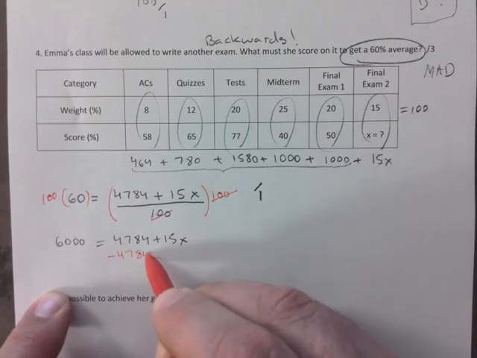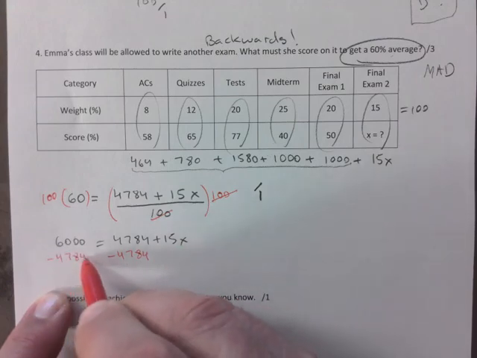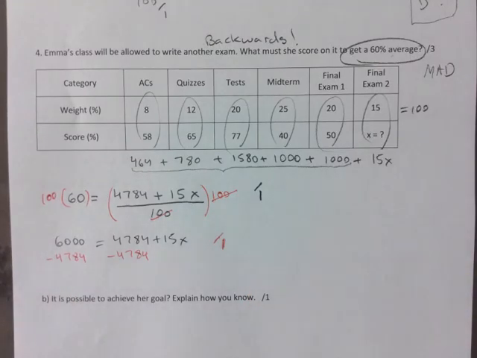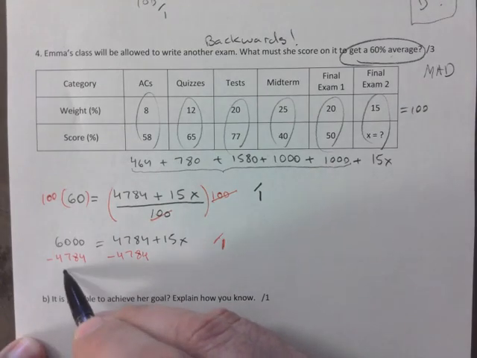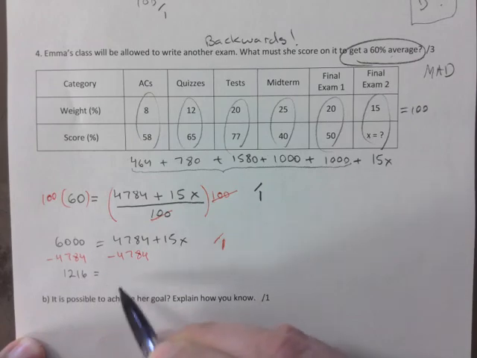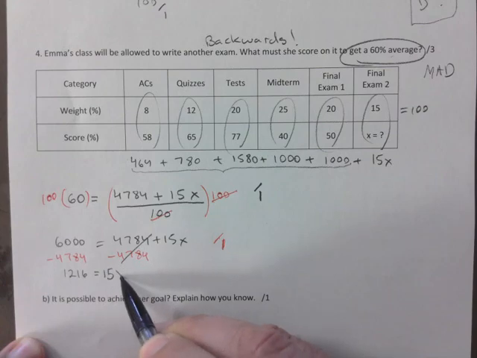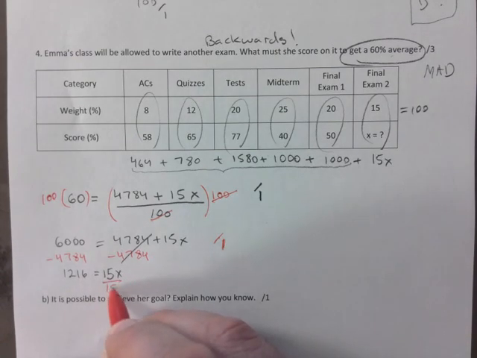So you're slowly getting closer to x, right? So this is another mark for actually subtracting there. So you get 1216 is equal to, you cancel out here, you're left with 15x or x15, it doesn't matter. And your last step is to divide both sides by 15.